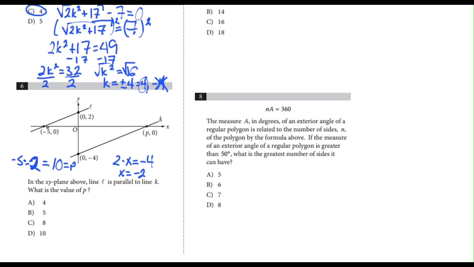Another way to think about this is to find the slope of line L. We have 0, 2 and negative 5, 0. We can do y2 minus y1 over x2 minus x1. 0 minus 2 is negative 2. Negative 5 minus 0 is negative 5. And this is going to be 2 over 5. We can do the same thing here.